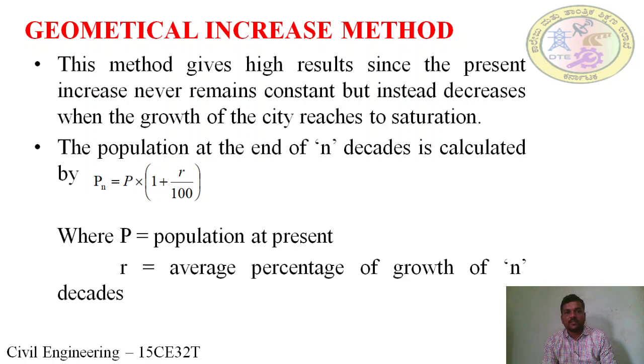The population at the end of n decades in the geometrical increase method is calculated by the formula Pn = P(1 + R/100)^n, where Pn is the population at the end of n decades, which we have to find out, P is the population at present, and R is the average percentage increase in population.